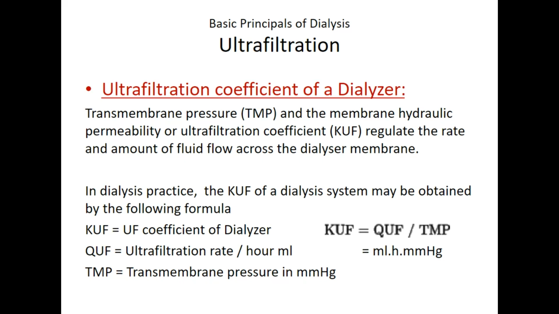So the transmembrane pressure and the membrane hydraulic permeability or ultrafiltration coefficient regulate the rate of the movement of fluid across the dialysis membrane, while KUF means ultrafiltration coefficient of a dialyzer, QUF is the ultrafiltration rate, and the transmembrane pressure is in millimeters of mercury.